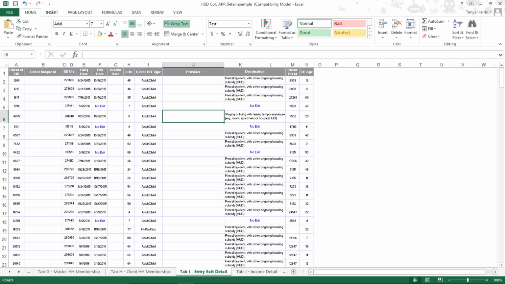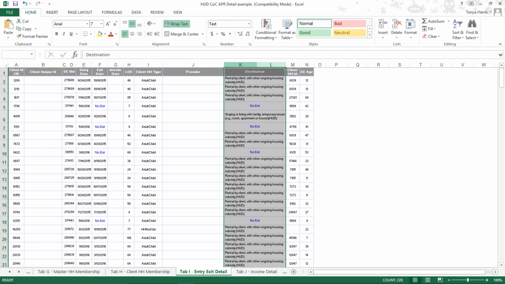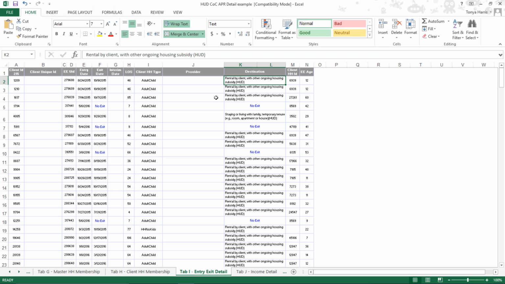tab. So if you had been paying attention to your previous 2 monthly reports, your destination tab here would be looking pretty good. So I'm looking at column K here, and this is where my clients are going when they leave my program. So if this is a rapid rehousing program, that's not a good answer.